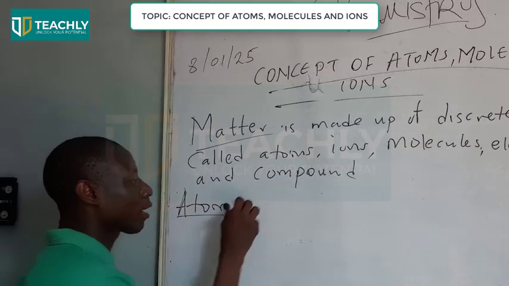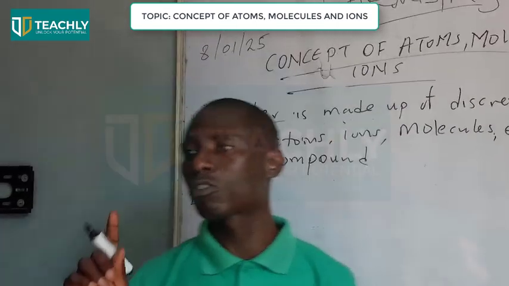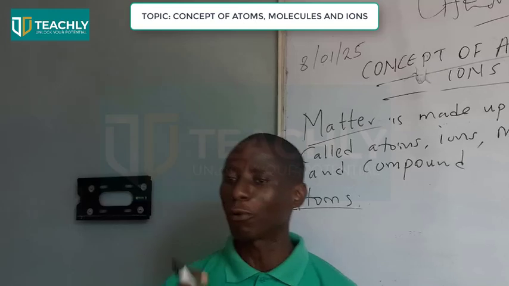So let's first look at atom. What do we call an atom? As we know, an atom is the smallest particle of an element.